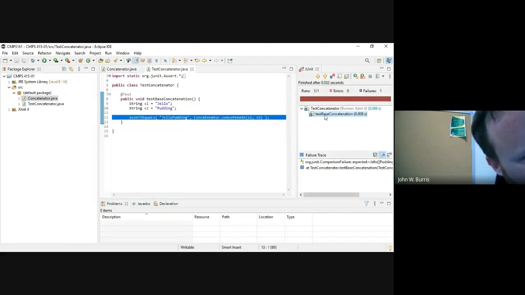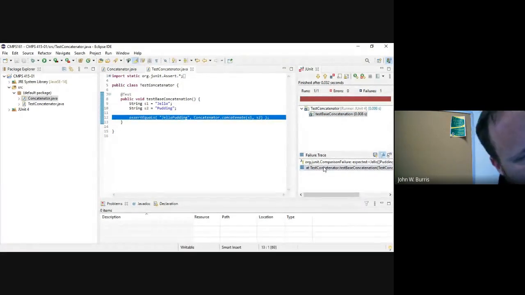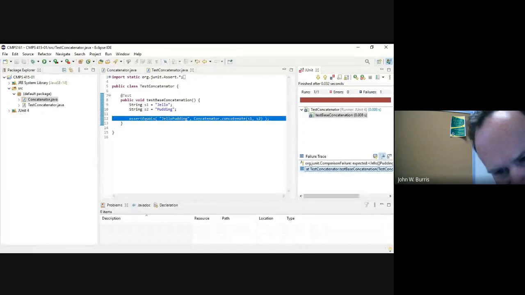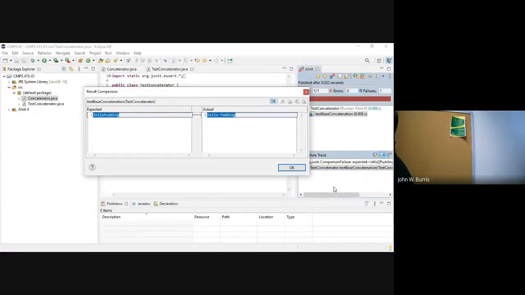We can double click on it. It highlights what it is. We can go to one of these, compare result, and it tells us that what it expected was Jello pudding without a space, and what the actual was Jello pudding with a space. It gives us so much functionality here, right?